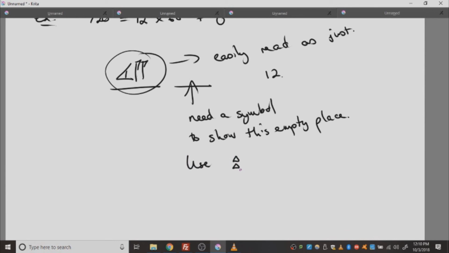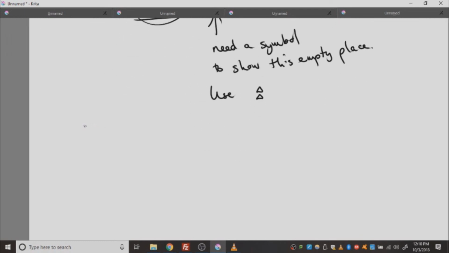Because again, they don't want to swap out their stylus or their reed. They just want to angle it a little bit differently and just make a little double triangle indentation. So, whoopsie. So 720 would be 12 groups of 60 and no ones. So that you know that's a 2-place number.